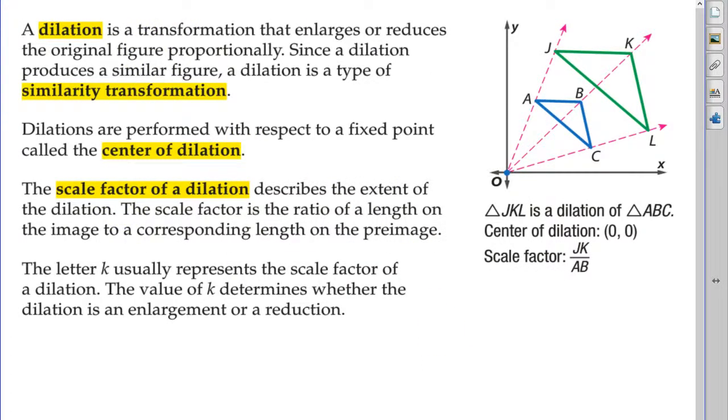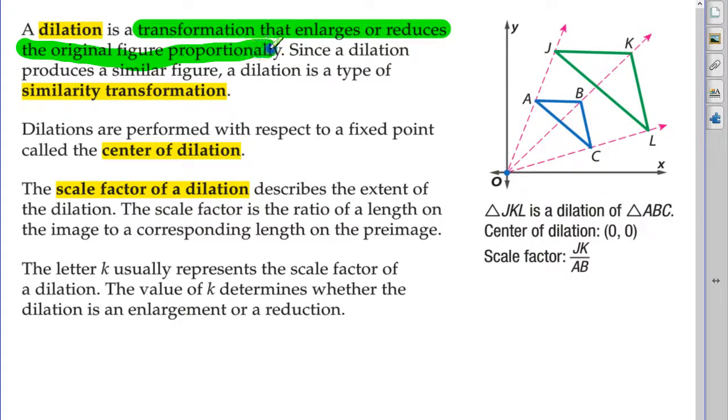Definition of dilation, copy down: a transformation that enlarges or reduces the original figure proportionally. The next part is similarity transformation. A similarity transformation produces a similar figure.